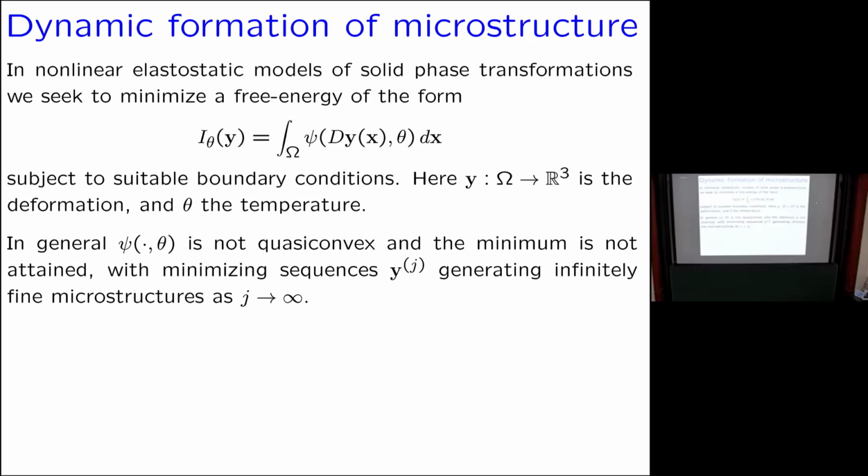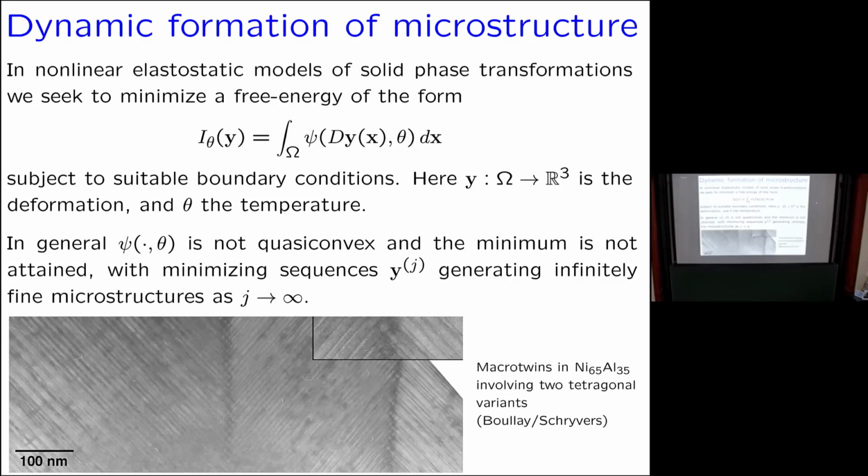And so in general, the minimum of this energy subject to suitable boundary conditions is not attained, and minimizing sequences generate infinitely fine microstructures as well. The minimizing sequence y_j becomes finer and finer, infinitely fine in the limit as j goes to infinity. So here's a picture of nickel aluminum.